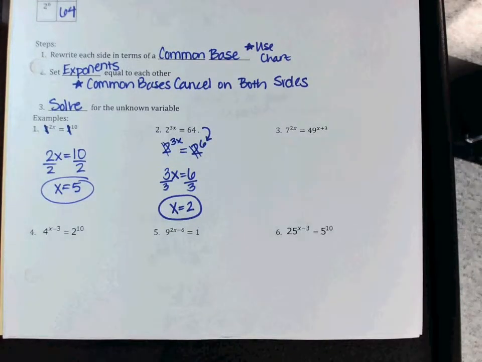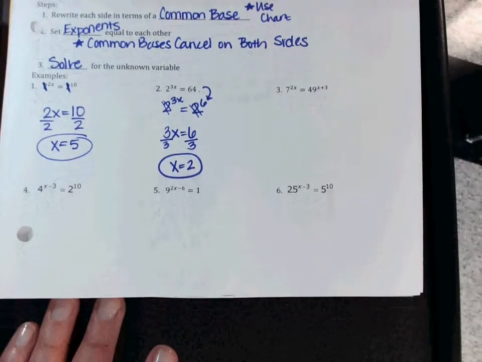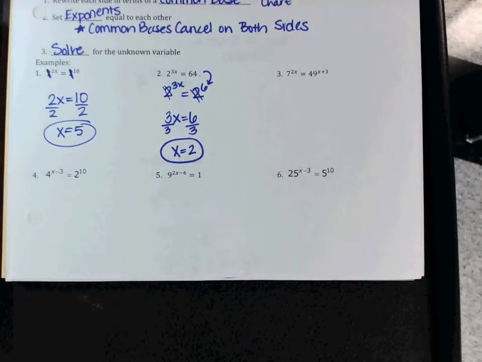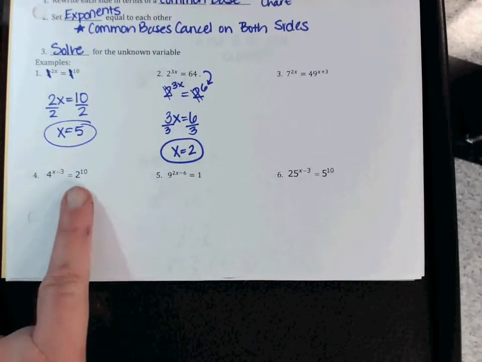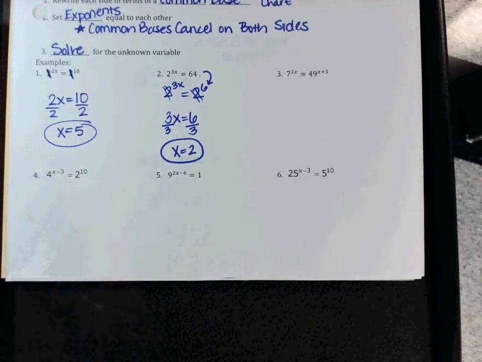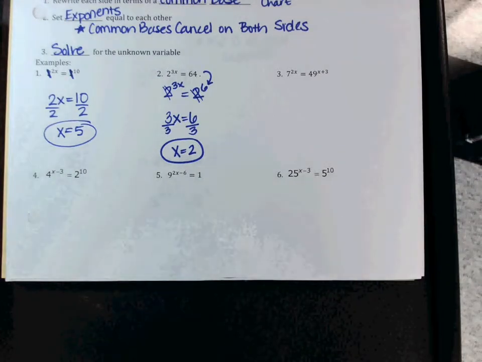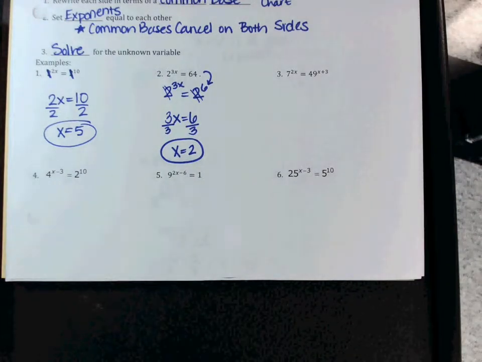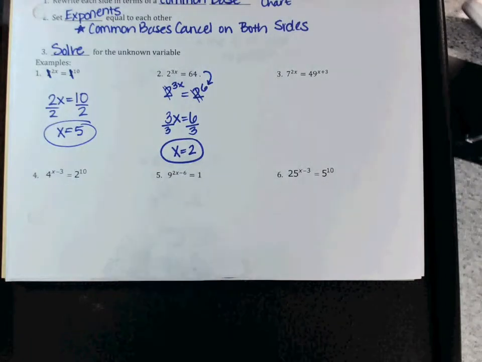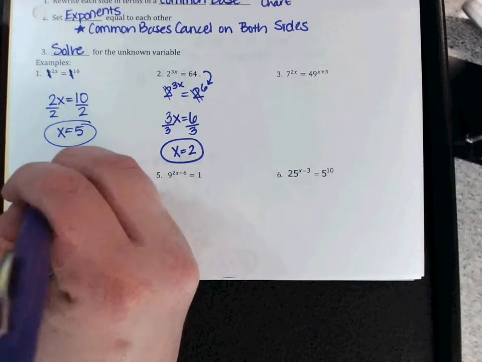Now take a look for me at number, let's skip 3 and go to 4. We'll come back to 3 though in a second. Okay, take a look at number 4. I have a 2 on one side, I have a 4 on the other side. You're always trying to convert the bigger number to the smaller base. So look in your 2 chart. What is 4? 2 squared. So on this side, I'm going to make it 2 squared.